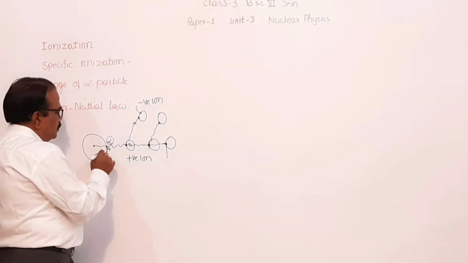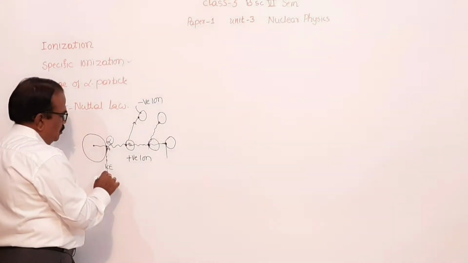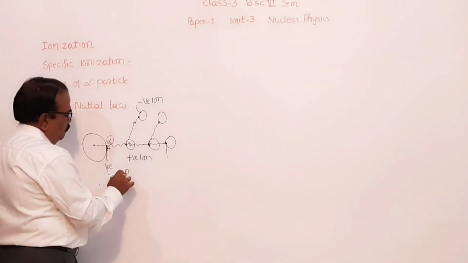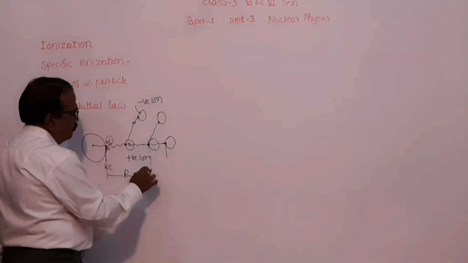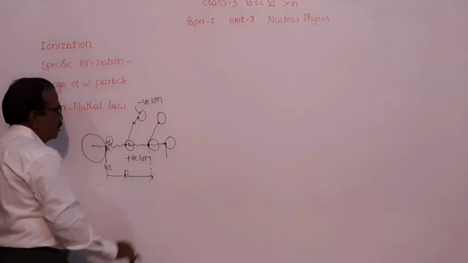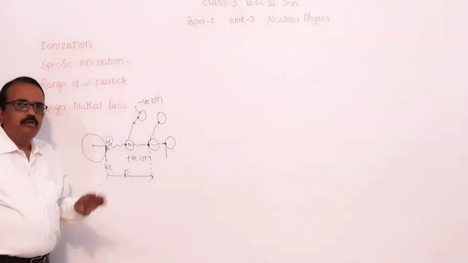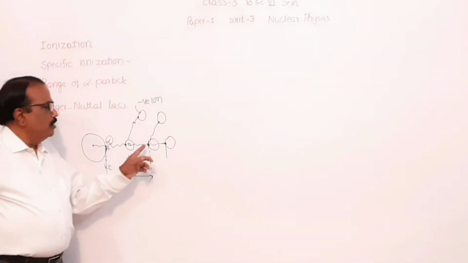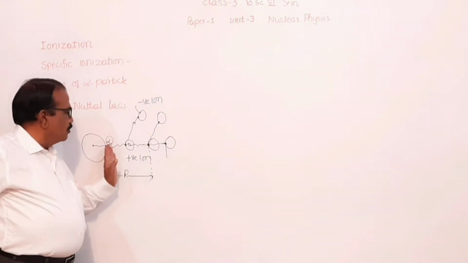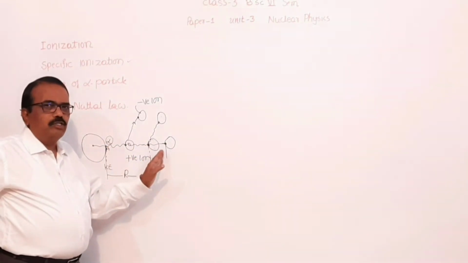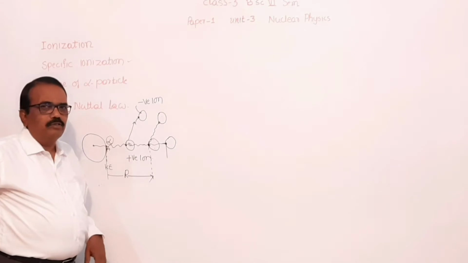Then the distance which the alpha particle travels such that it loses energy to the extent that it cannot further ionize. So it goes on losing energy step by step. At one stage, further it cannot ionize.